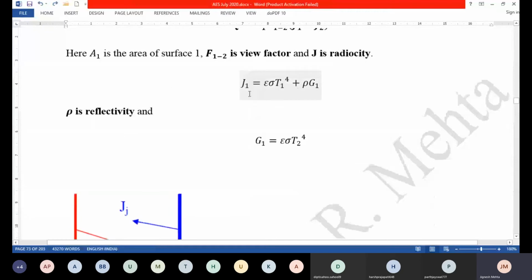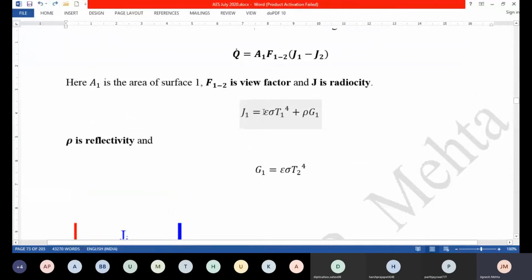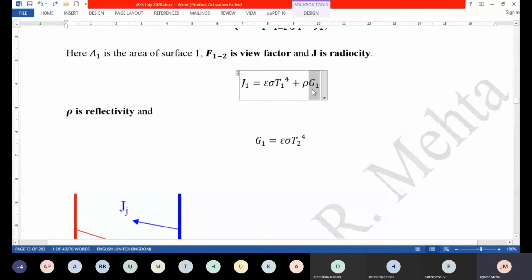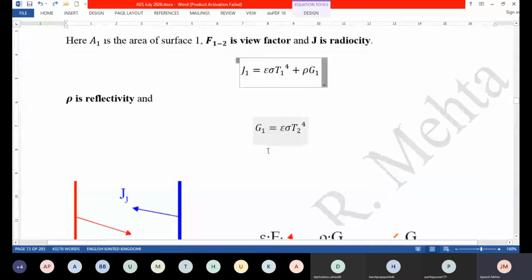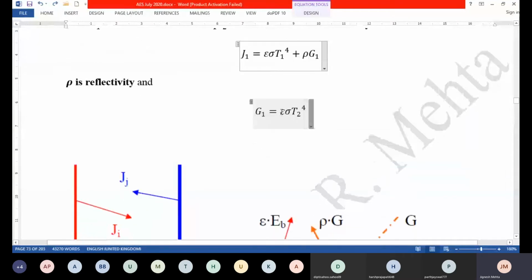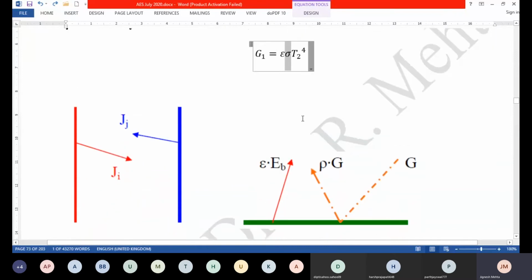Now radiosity is the sum of two different parts: one the emission and the other the reflection. And this G is again nothing but the emissivity into the Stefan Boltzmann constant and the temperature of the second surface T raised to 4, right?